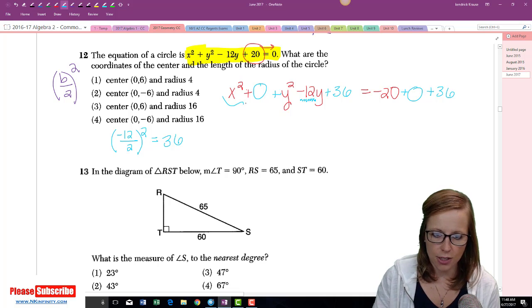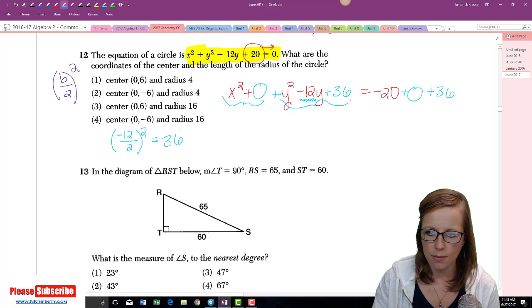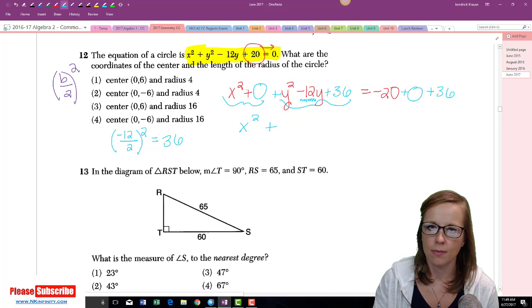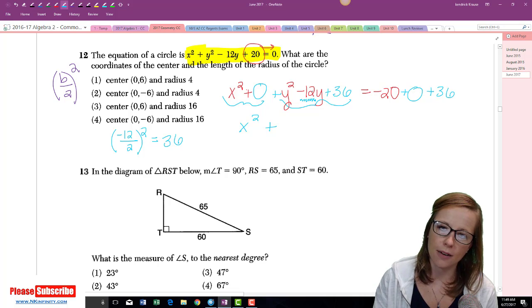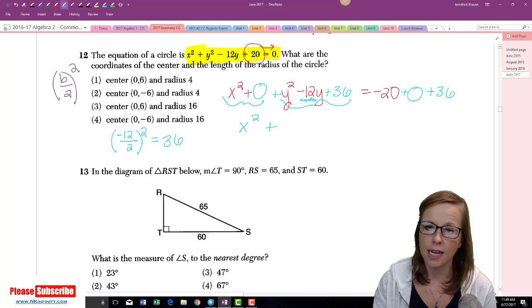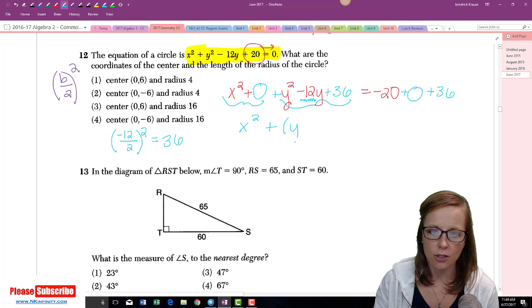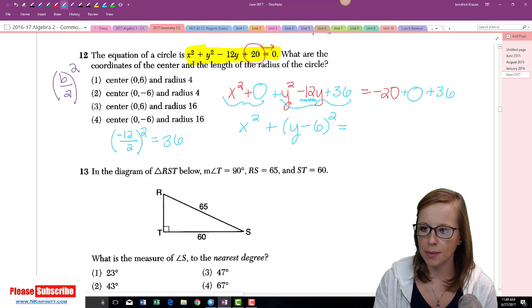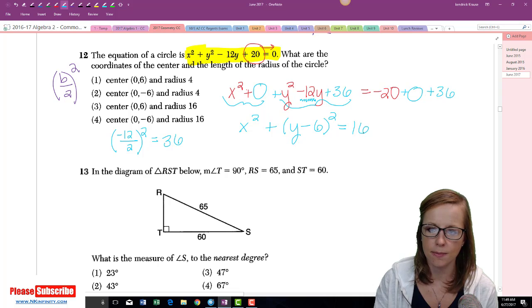So now I'm going to factor my groups. X squared is just x squared. This group, what two numbers multiply to be 36 and sum to be negative 12? Negative 6 and negative 6. So your factors are y minus 6, also known as y minus 6 squared, is equal to negative 20 plus 36, which is 16.